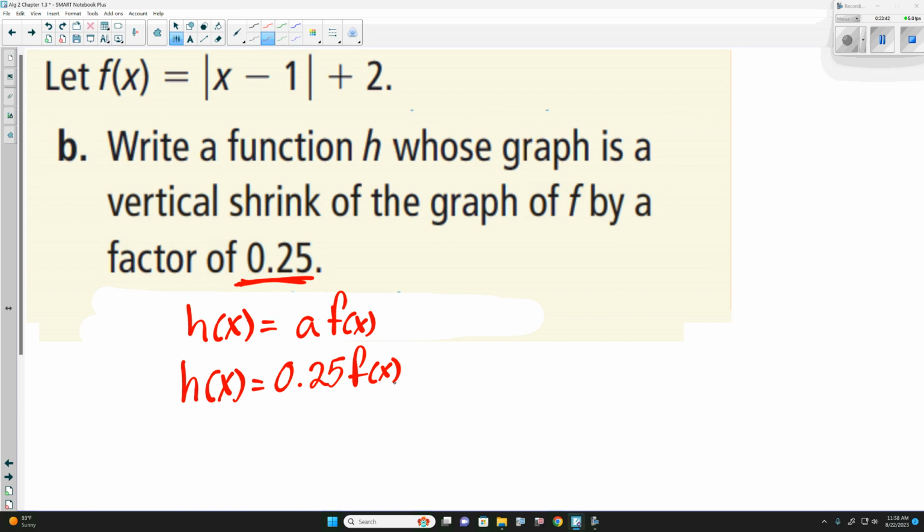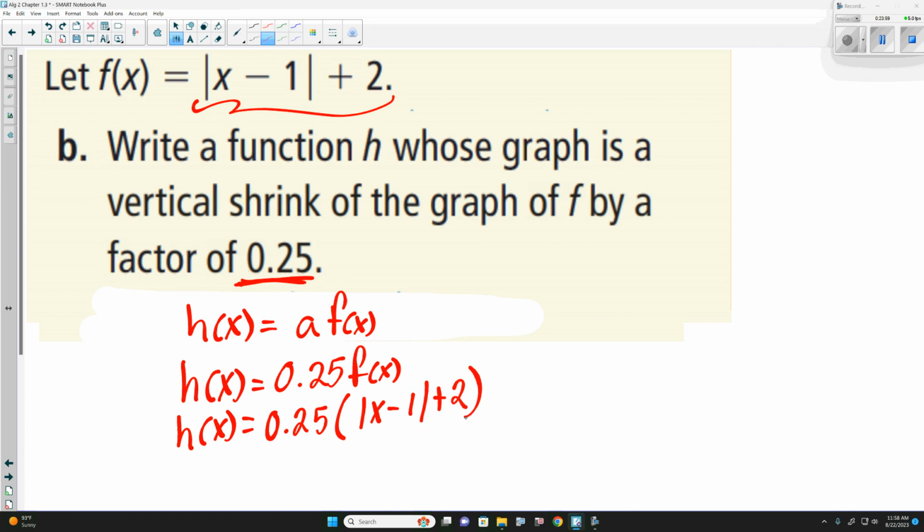Now we didn't do anything with f of x, so we can just replace it with its function. So we'll just replace f of x with what it's equal to. Focus up here. The absolute value of x minus 1 plus 2.